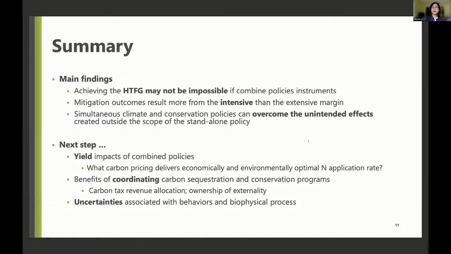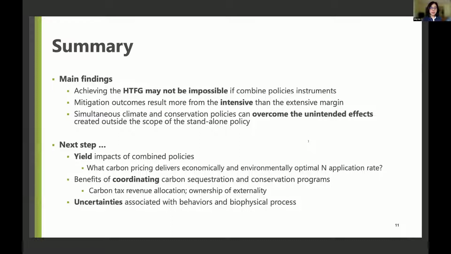So here we look at details of leaching, but not along the yield curves yet. This could tell us what carbon price could help us achieve the optimal nitrogen application rate, if we're talking about the economic goal or environmental goal instead of carbon emissions.